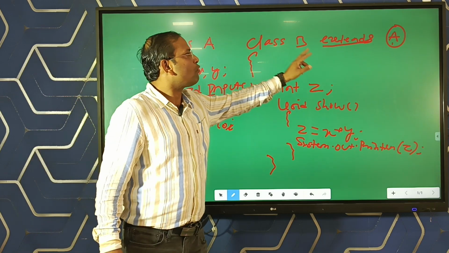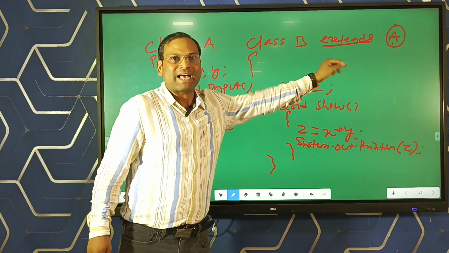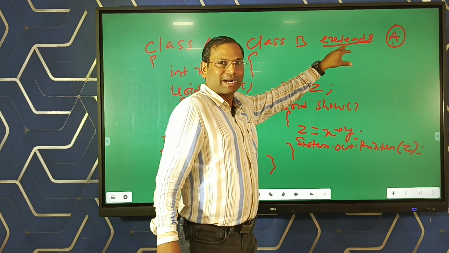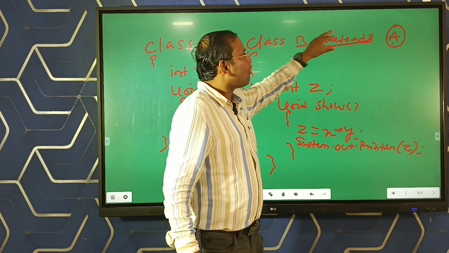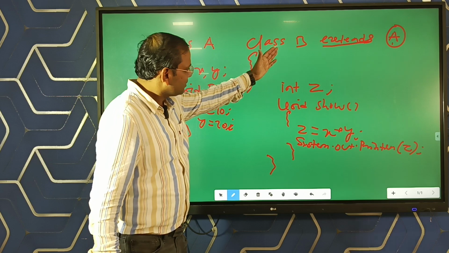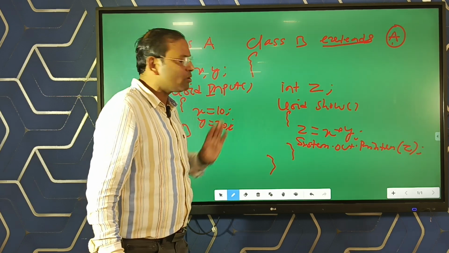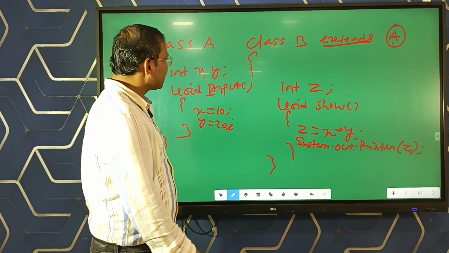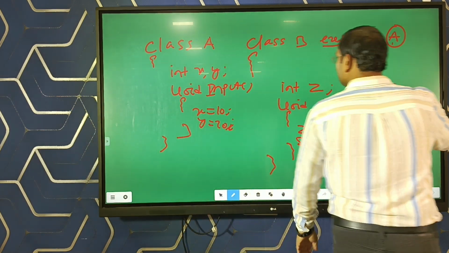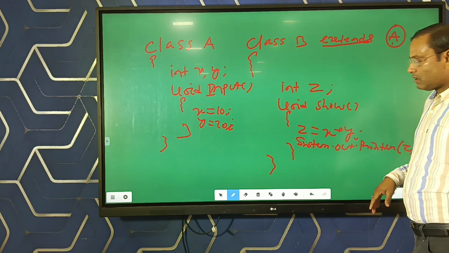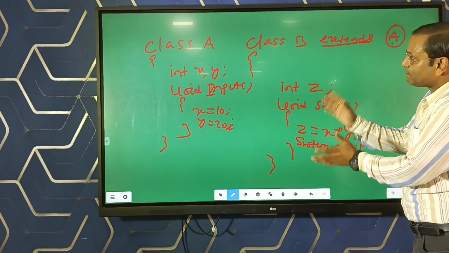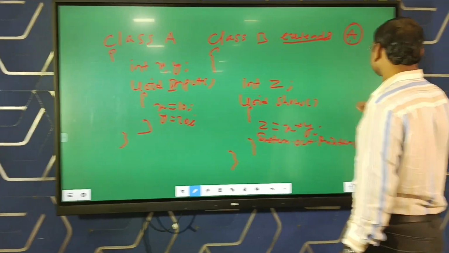Because class B occupies the characteristics of class A. Now this is using the extends keyword. Class B occupies the properties of class A. Here, three instance variables and two methods. After that, we have to write the main method. Through the main method, we can call the methods of class B as well as class A.